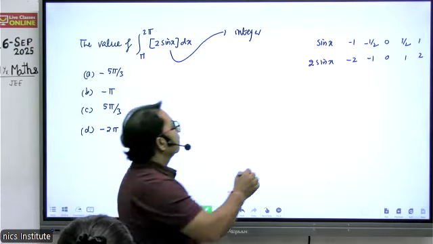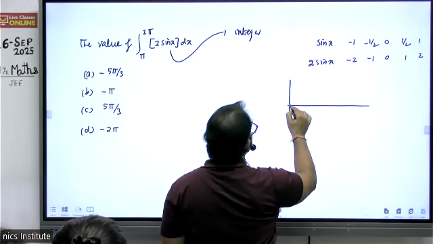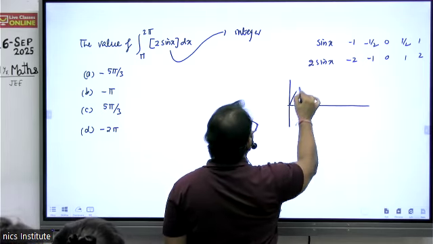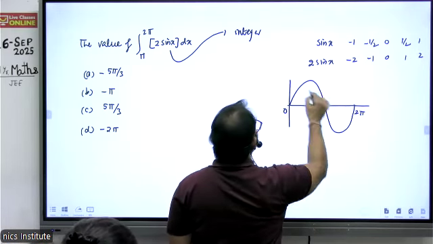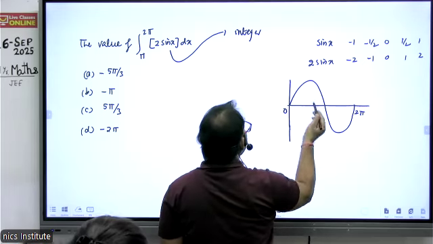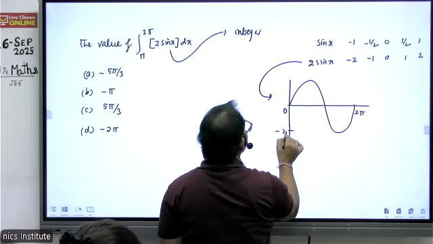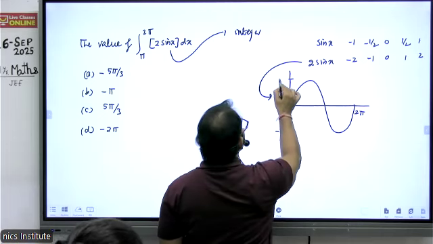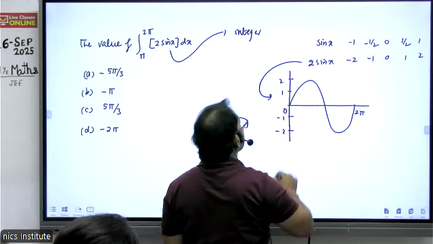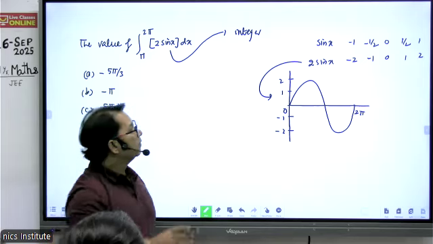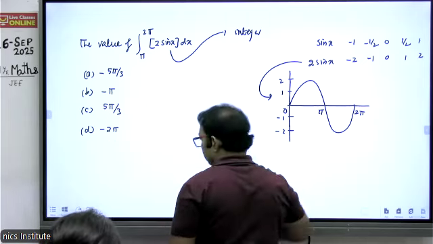So let's plot the graph of sin x. Sin x would be like this. It'll be 1 and -1. But the graph of 2 sin x would be from -2 to 2. This would be -1. This would be 1. As far as we are concerned, we have to take limits pi to 2 pi.